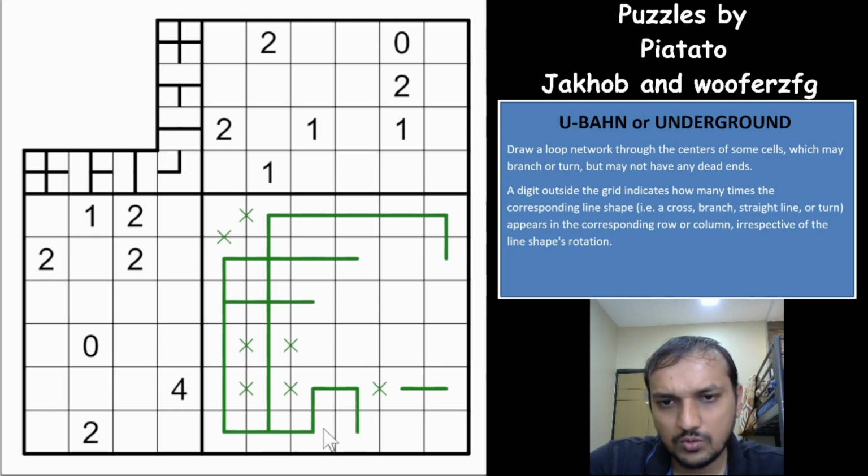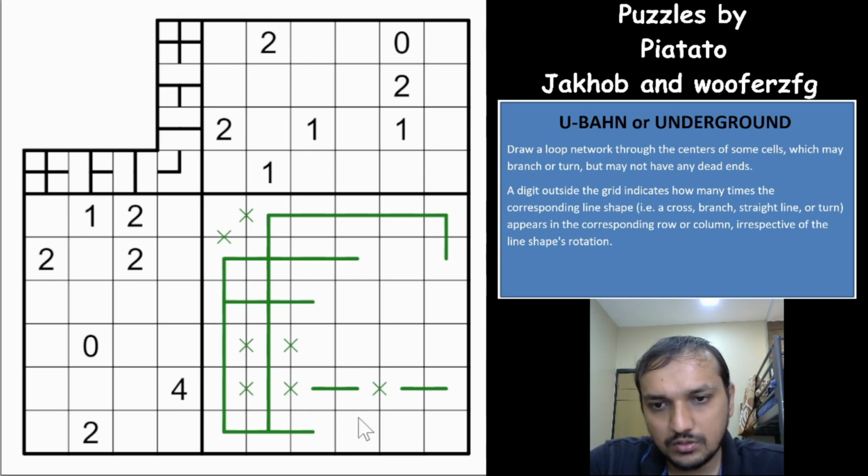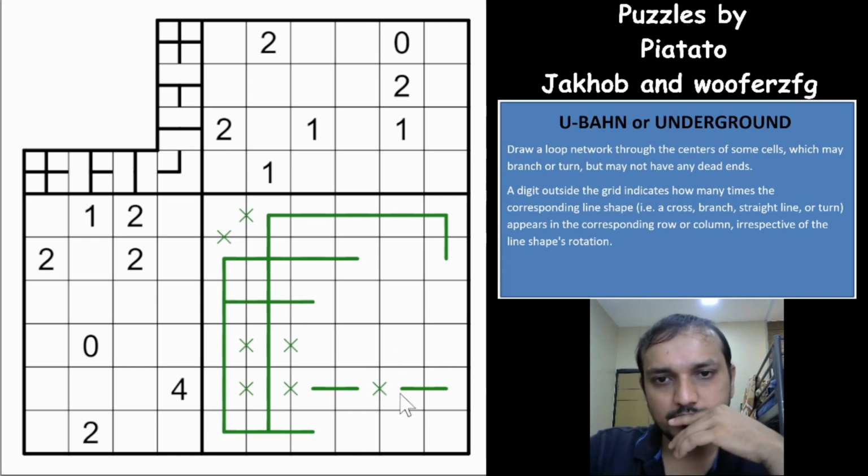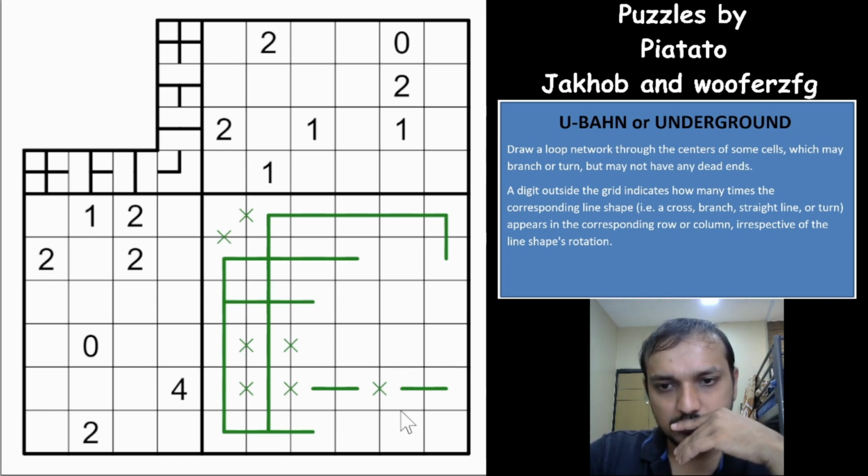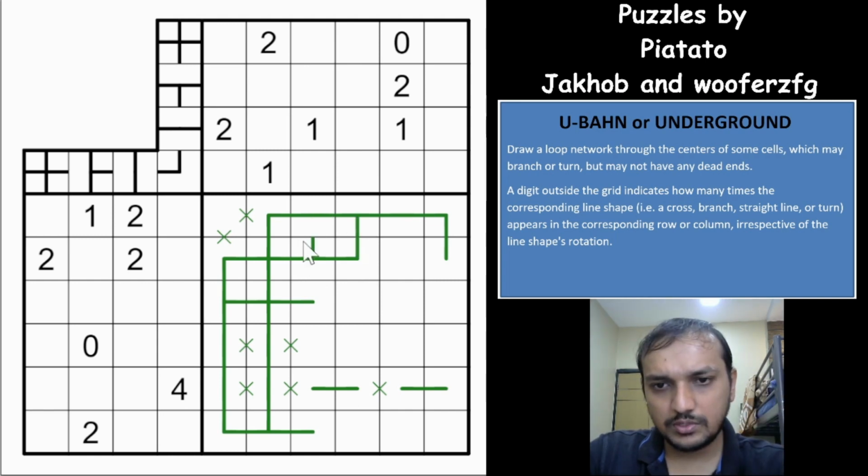Will it come down? Possible. So this is a U-turn. This is not a plus. You need branches here somewhere and a straight line. Either this is a branch or this is a branch.